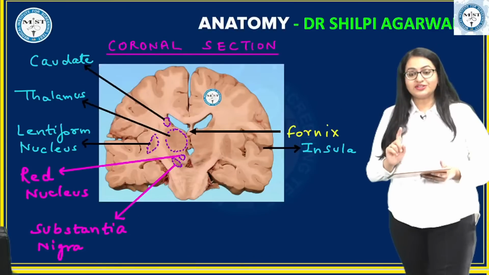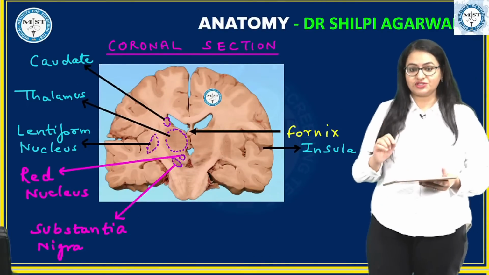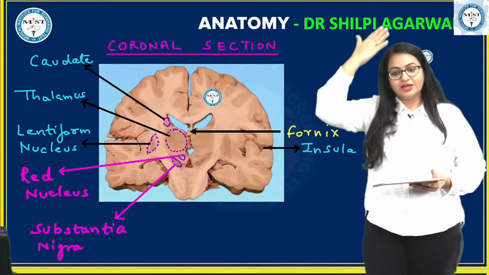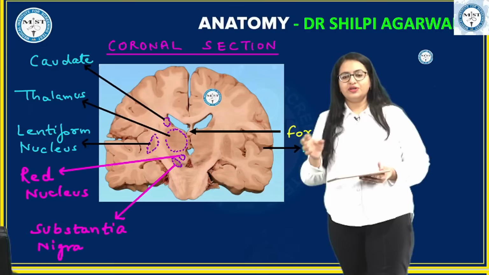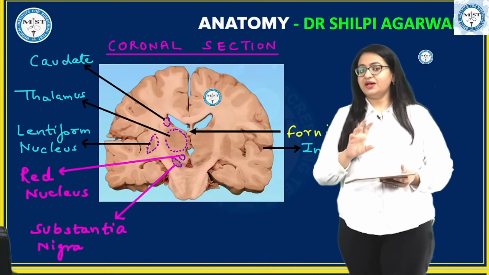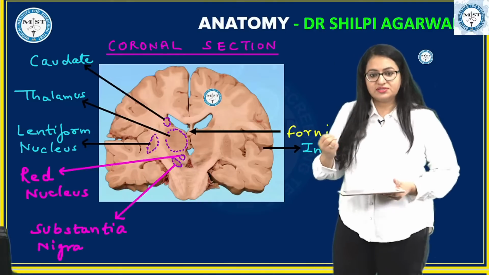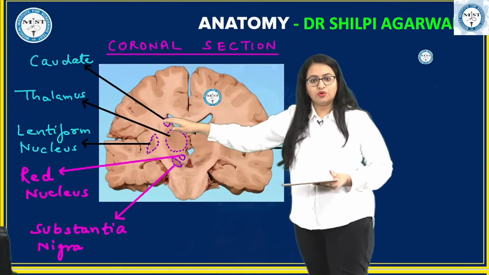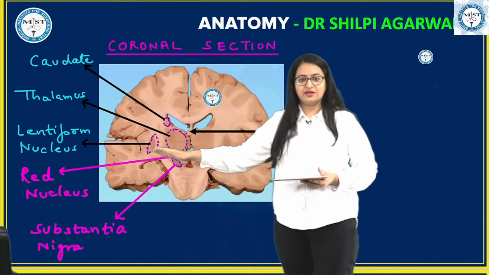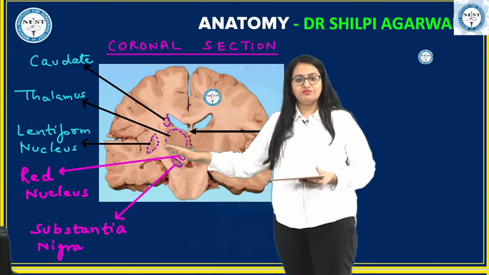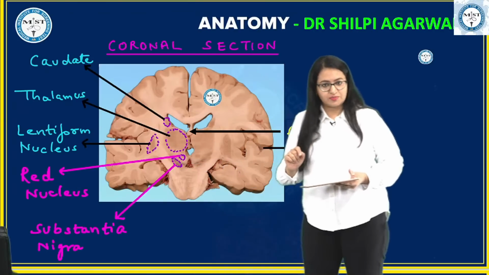Now, one more section is there, which is the coronal section. The coronal section is like this. When you see the coronal section, exactly the same arrangement is there with a few more structures: caudate, thalamus, lentiform. In between, whatever V-shaped area you see is the internal capsule.